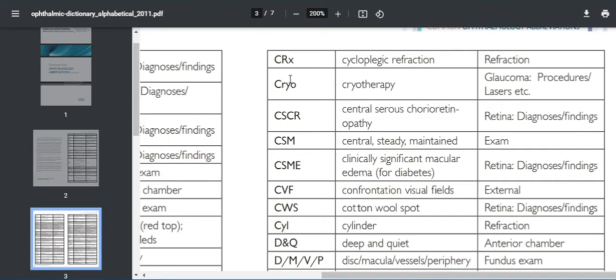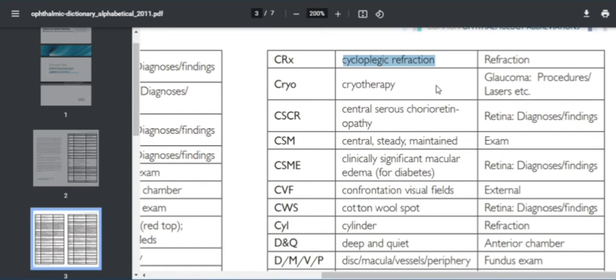It is also very important in accommodative esotropia cases, where children less than 3 years of age can correct their refractive error. It can be plus 5 diopter hypermetropia, or plus 4 or plus 6. They can correct that hypermetropia by inducing accommodation. So for that purpose, cycloplegic drugs such as cyclopentolate are put, and then refraction is done.